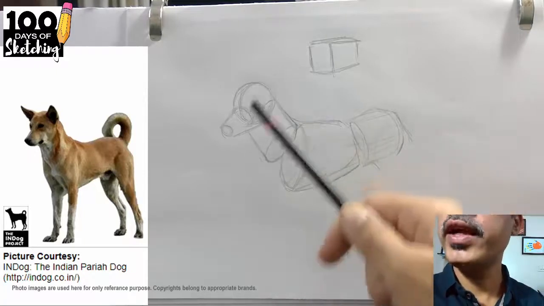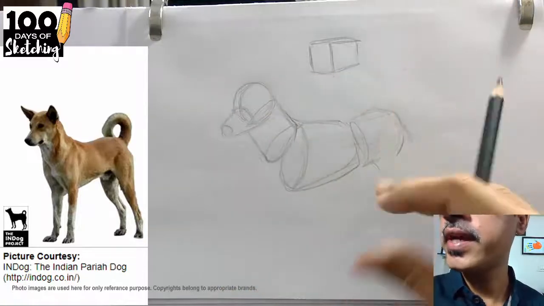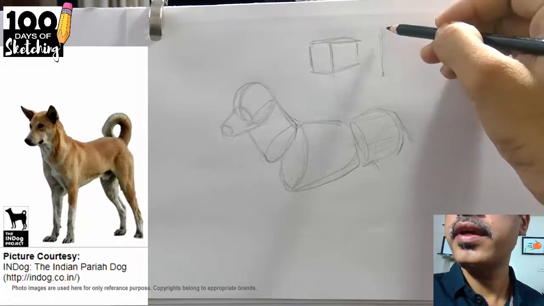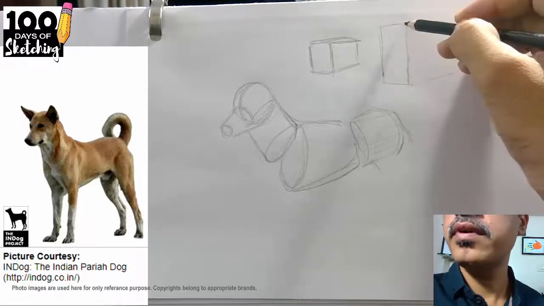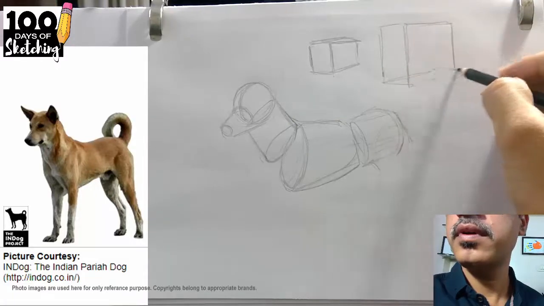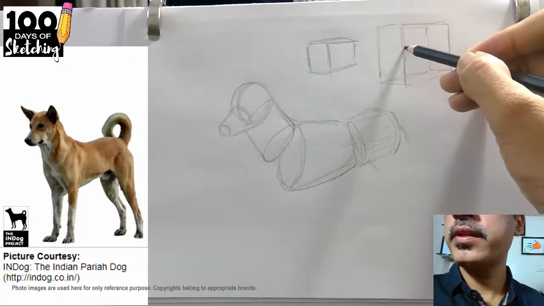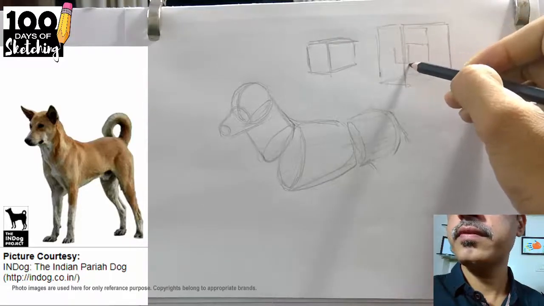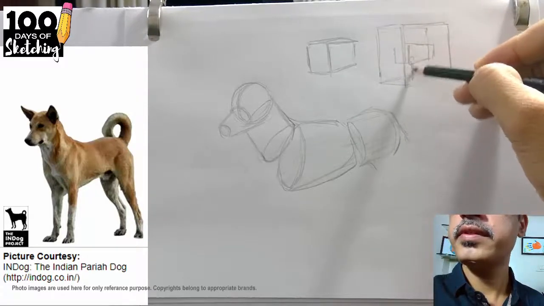One more thing I would like to suggest is that I can see the entire dog in this cubical form. In this cubical form you can see the body portion, then here are the legs.